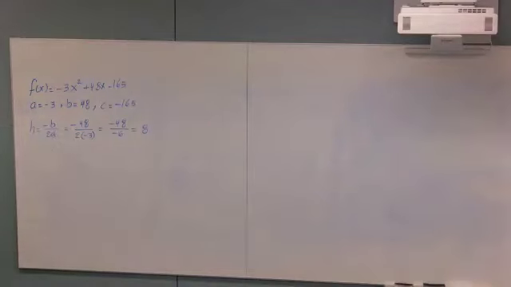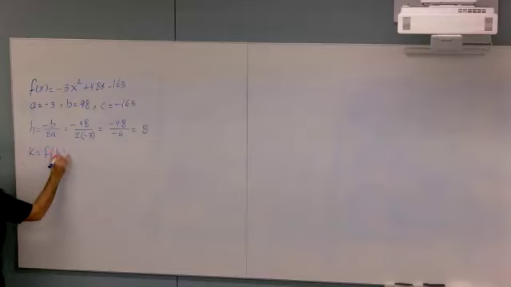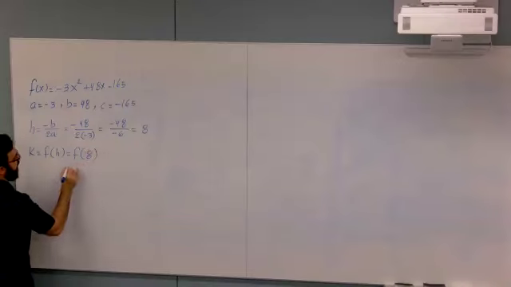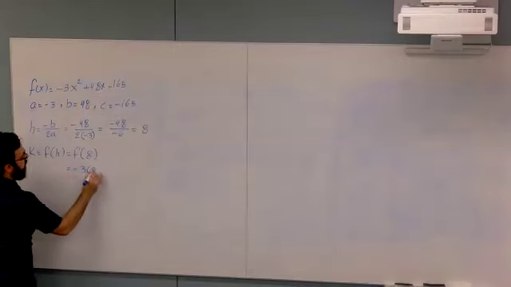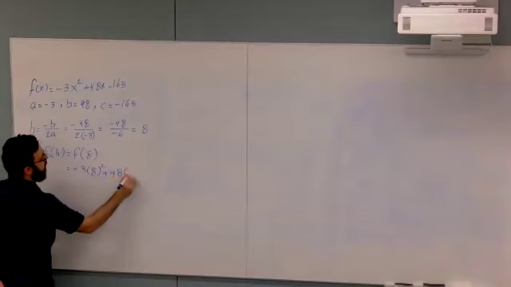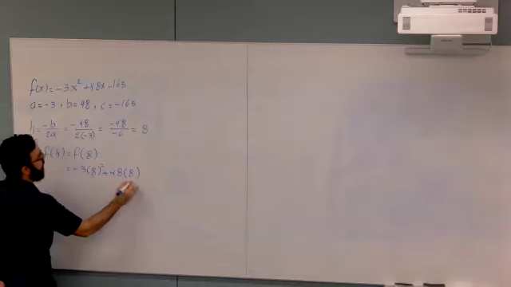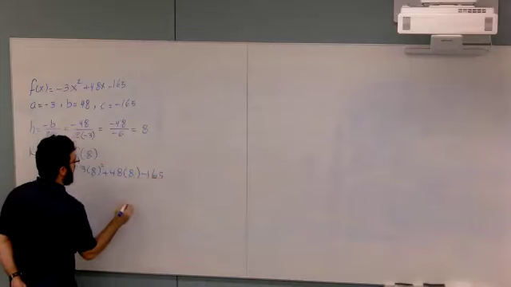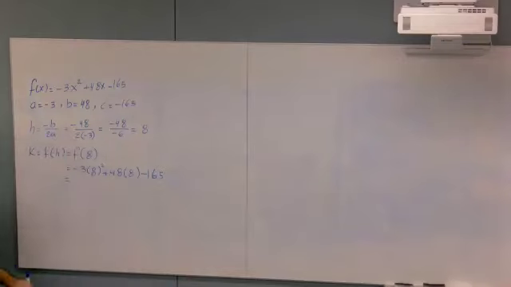The value of h is 8. The value of k is f of h, which means f of 8. I'm going to plug in 8 where x is. So negative 3 times 8 squared, plus 48 times 8, minus 1, equals 27.